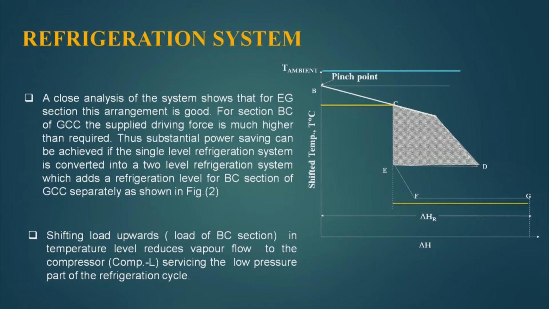The shifting of the load upwards in the temperature level reduces the vapor flow to the compressor L, which is servicing the low pressure area, and hence the work done is less.